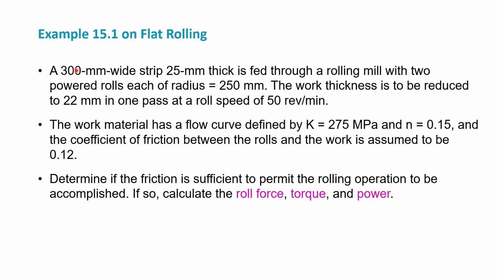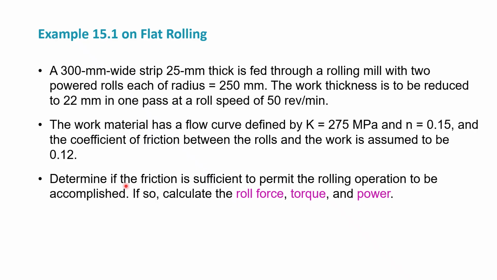So you can see that we have the w, the t_o, the R, the t_f, and the capital N, which is the RPM value. The work material has a flow curve defined by K of 275, n equal to 0.15, and mu equal to 0.12.